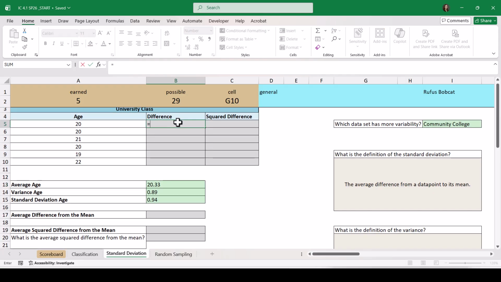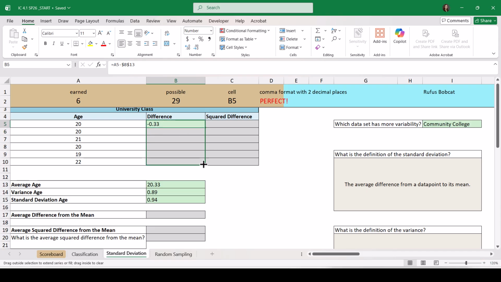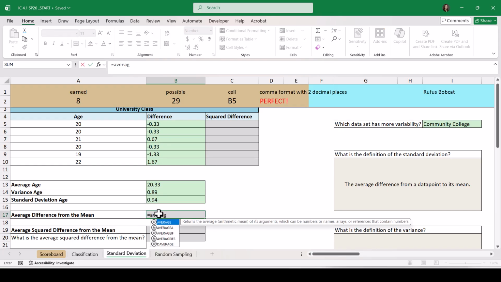So what we could do is compute a difference score for each student. We could take their age and subtract the mean. So we want to see the difference from the mean. So this person is 0.33 below the mean. They have a negative sign. You can see 21, they're 0.67 above the mean. So now we could compute the average difference, right? That's the standard deviation.